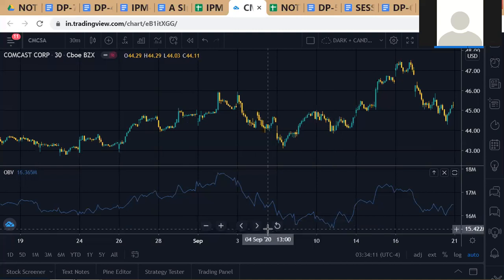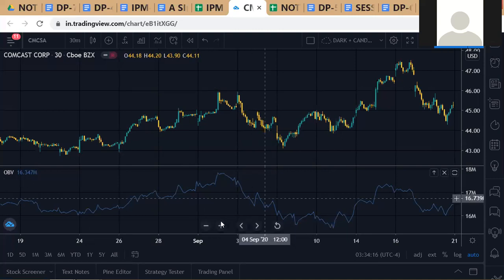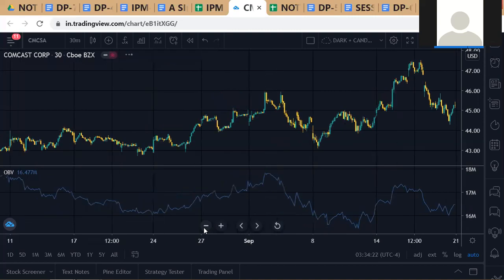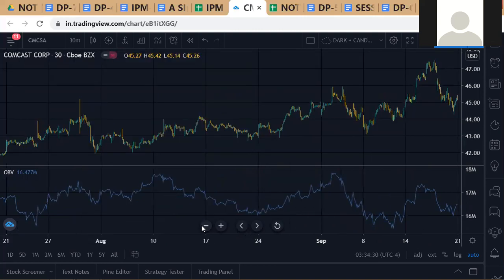Essentially, we use on balance volume if you wanted to use it as an oscillator, as a mean reversion technique. What you would do is, let's say we zoom out. What is the time frame here? 30 minutes. Okay, the way we would use it: you figure out the calculation of on-balance volume, it looks at the upside volume and the downside volume essentially.